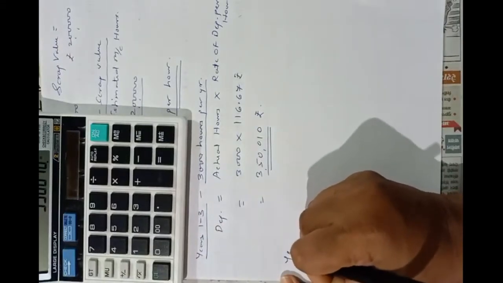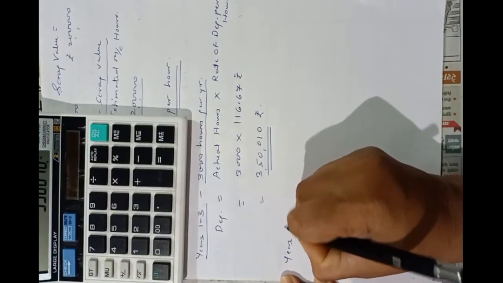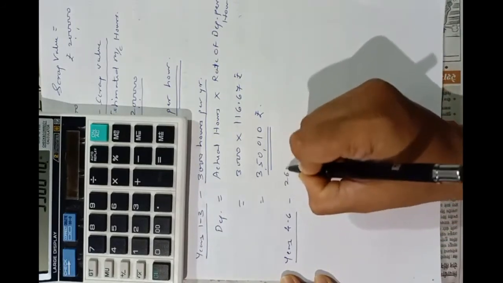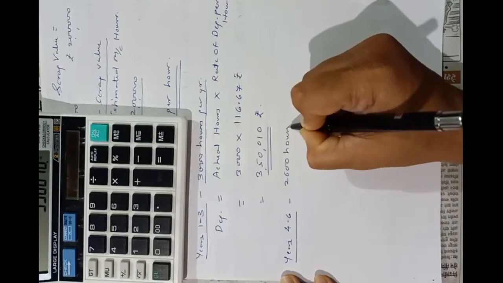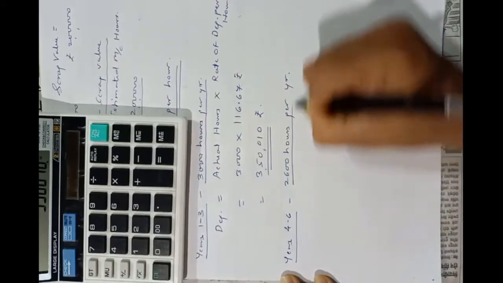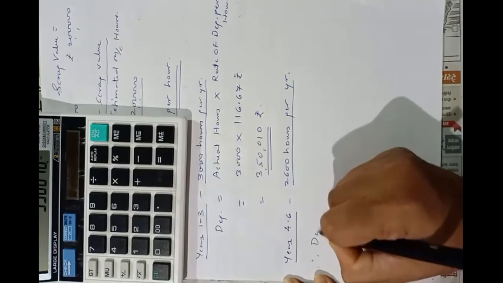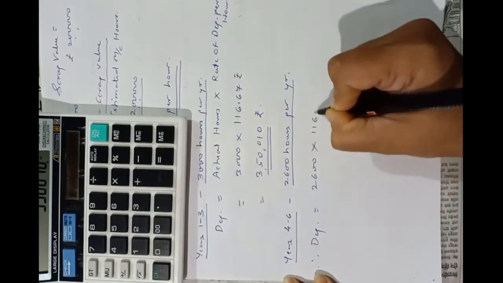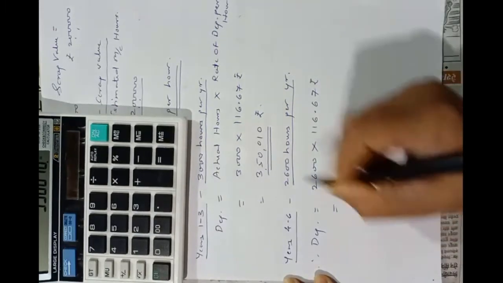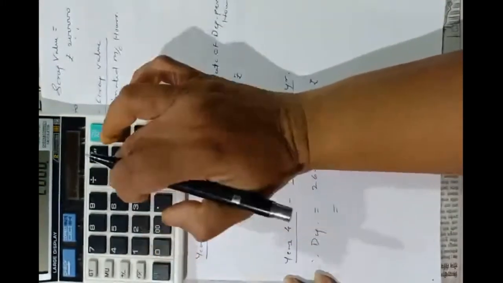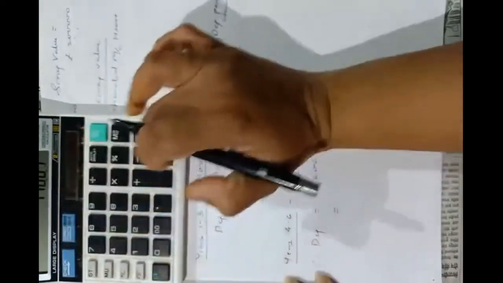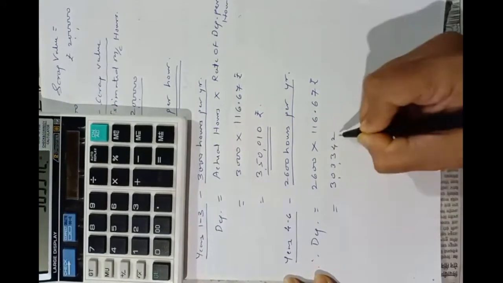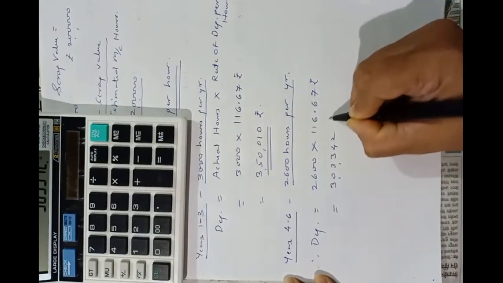Now from year 4 to 6, 2,600 hours per year. Therefore depreciation is equal to 2,600 into 116.67 rupees, that is 3,03,342 rupees.